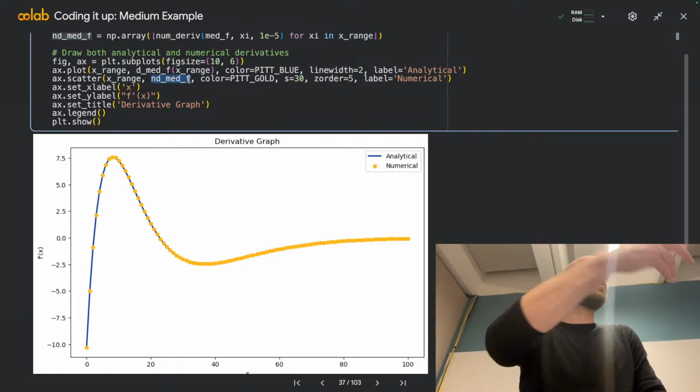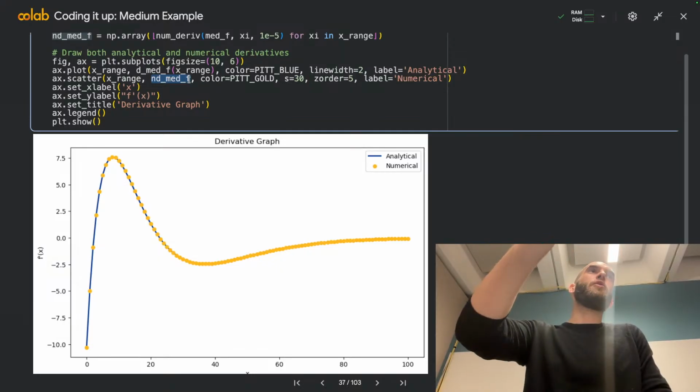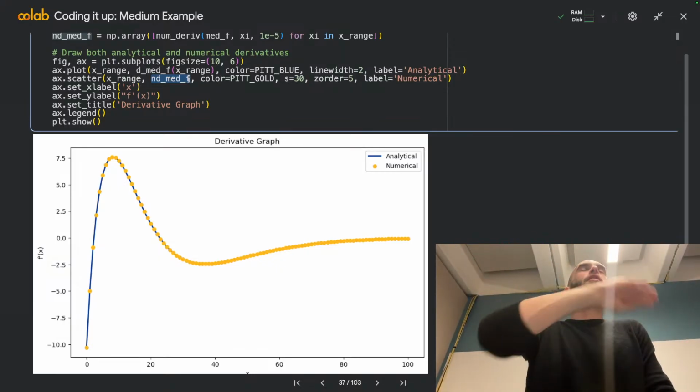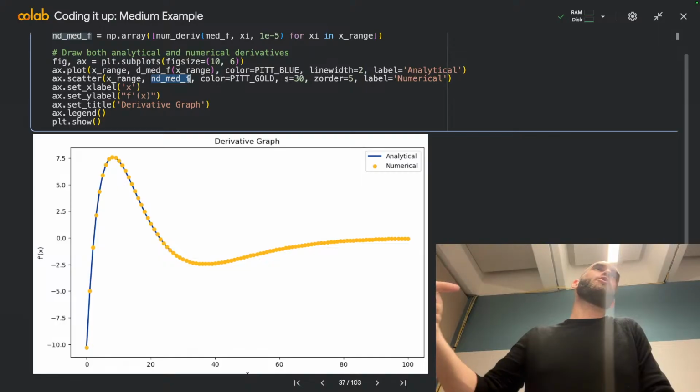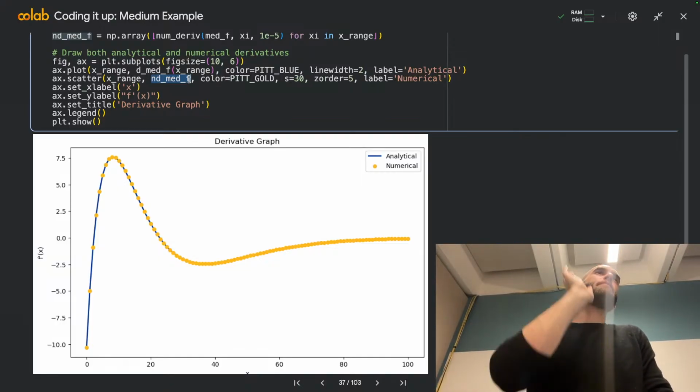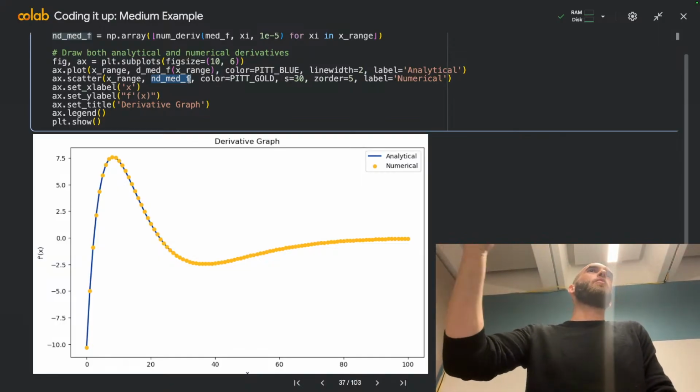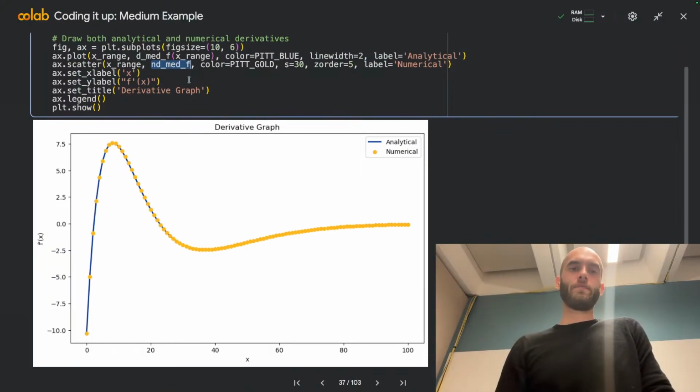So we've gone through and looked at the original medium f function and evaluated numerically the derivative at each one of these points. And then I'm plotting them x and y as a scatter plot. What you can see, I have the original functional form in blue, and then I have the numerical derivatives estimated at each one of these points in yellow.